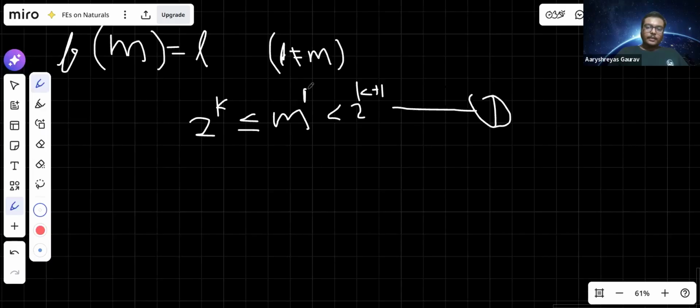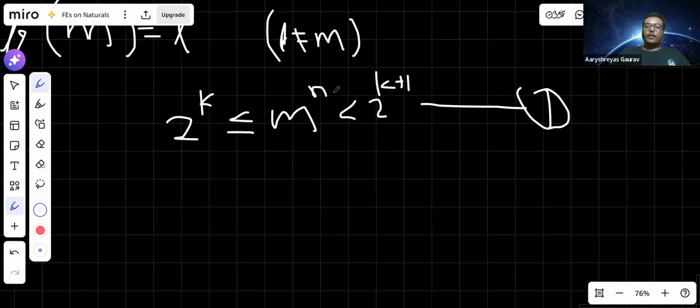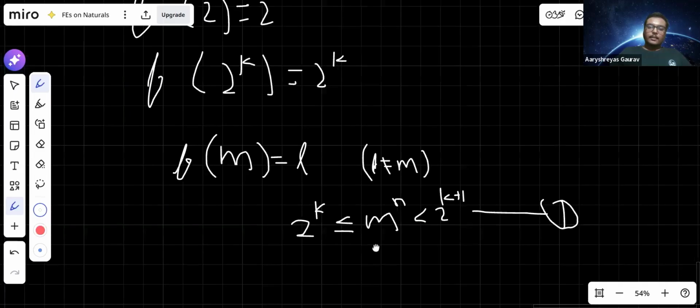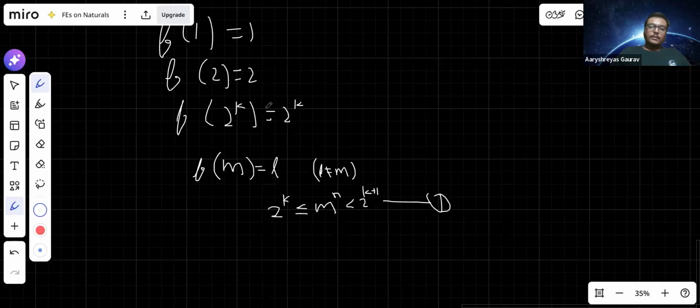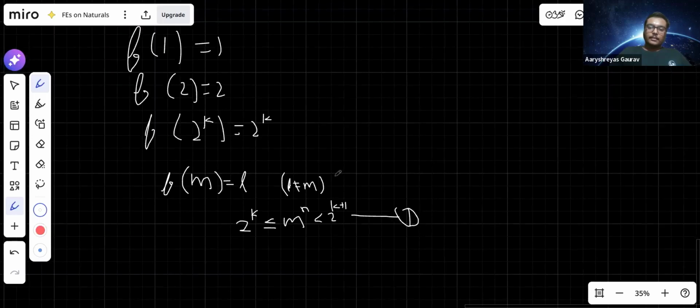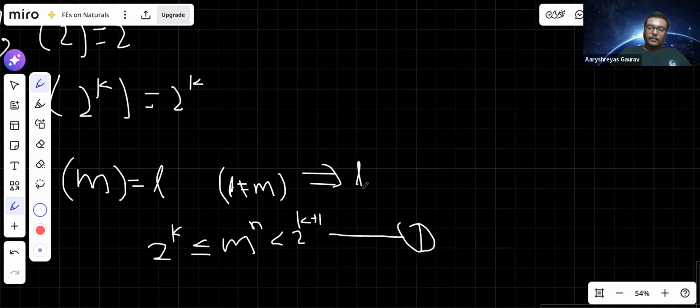I'm assuming this for some m to the power n, we have this thing. And because of the second condition, I can write f of m to the power n is equal to L to the power n.